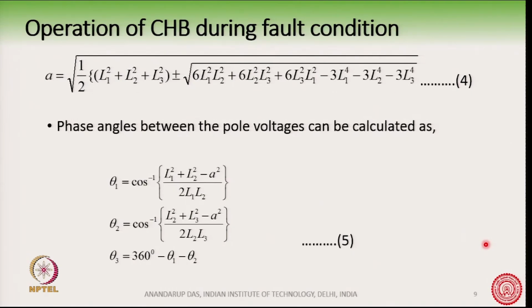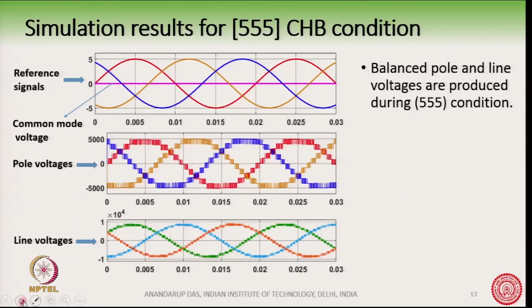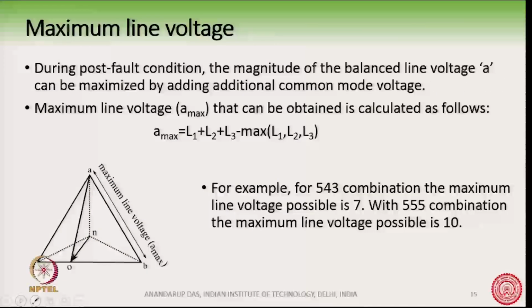That can be seen by differentiating this expression. We have not shown this in these slides. If you differentiate it and try to maximize the value of A, then we come to a condition which gives the maximum line voltage possible, and that value is given by this one.